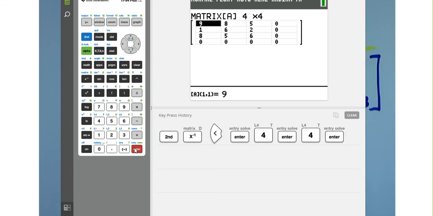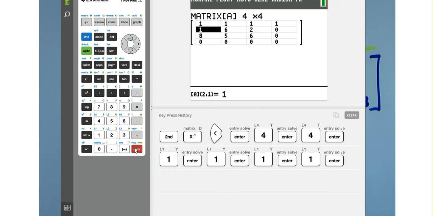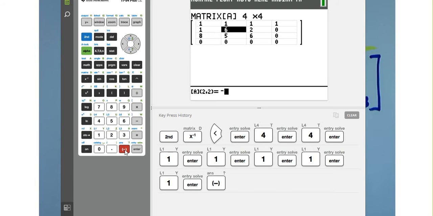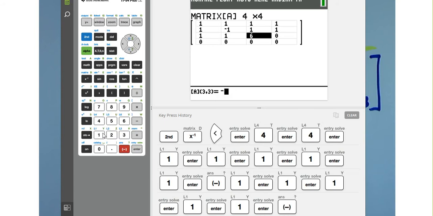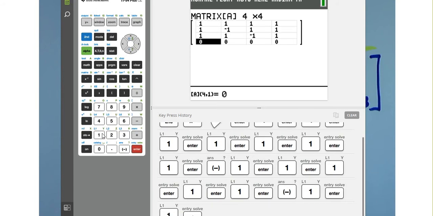That's going to be matrix A. And I'm just going to type in the coefficients here. 1, 1, 1, 1, 1, negative 1, 1, 1, 1, 1, another negative 1, 1, and then 1's across the bottom, except the last one's going to be a negative 1.